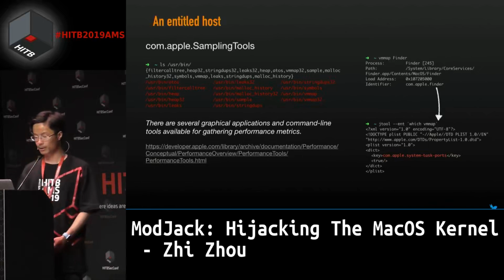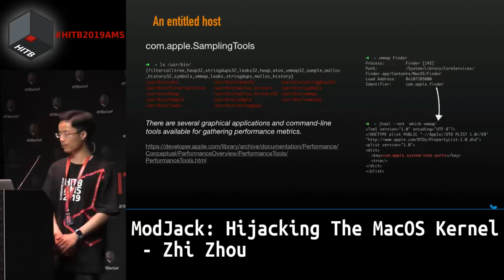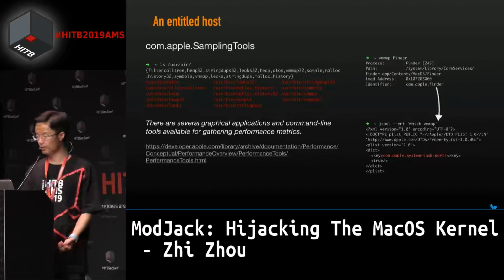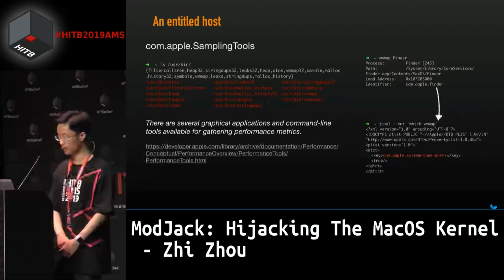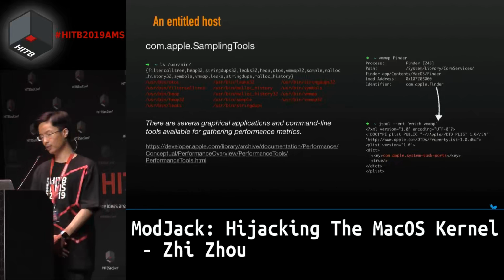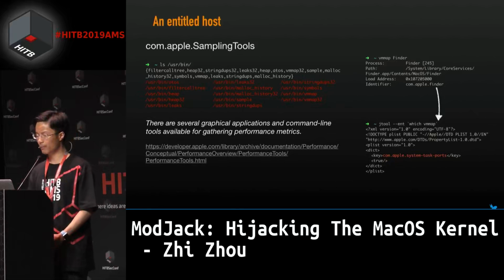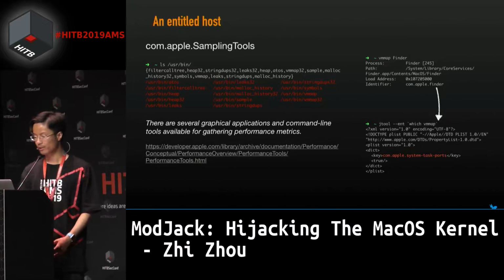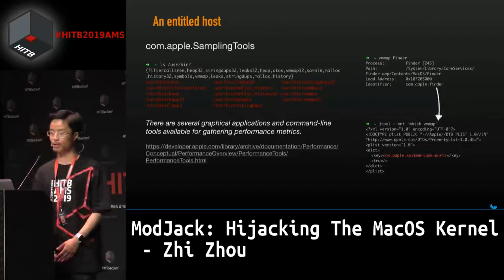They are designed for checking the performance of an application, with information like memory leaks, heap usage, virtual memory mapping, or stack usage, etc. To obtain the information from those built-in processes, these tools must be privileged enough to be able to attach to the process.